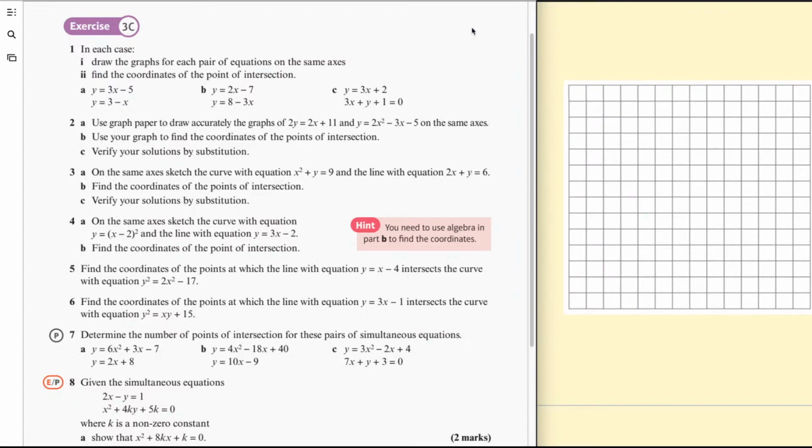And I'm going to face this decision of whether to graph the quadratic with a table of values or not. So let's write down the equations. I've got 2y equal to 2x plus 11 and y equal to 2x squared take 3x take 5. And I want to graph these.